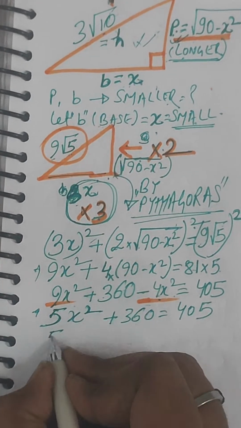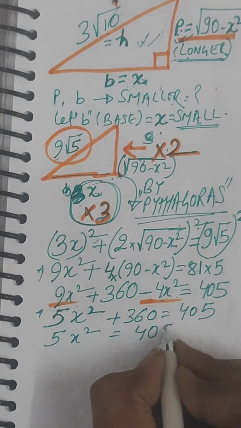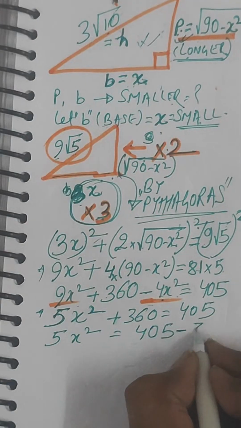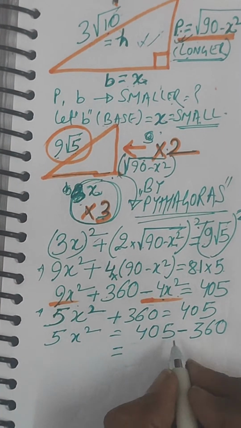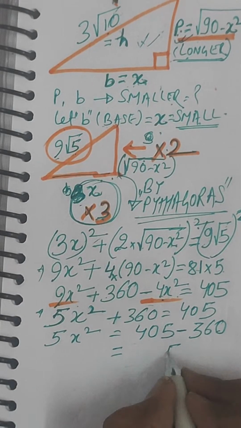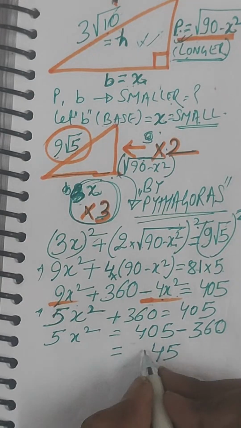So this will give you 5x square is equal to 405 minus 360. So in the RHS, 5 minus 0 will be 5, 10 minus 6 will be 4, 3 minus 3 will be 0.